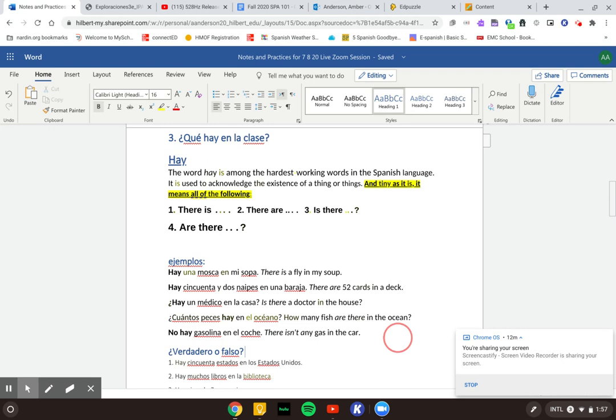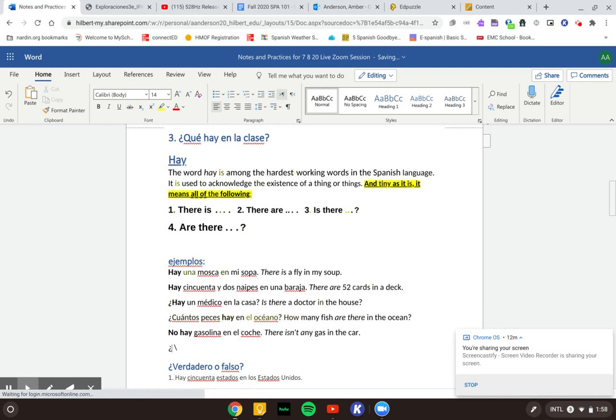So for example, we could say, ¿Cómo se dice estados en español? ¿Cómo se dice libros en español? So the question is, ¿Cómo se dice? You're going to need that a lot when you're studying Spanish, especially when words come up that you don't know. ¿Cómo se dice something en español? ¿Cómo se dice 50 en español?